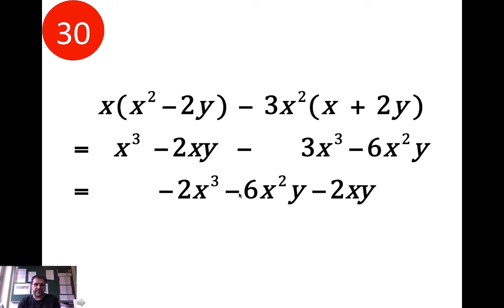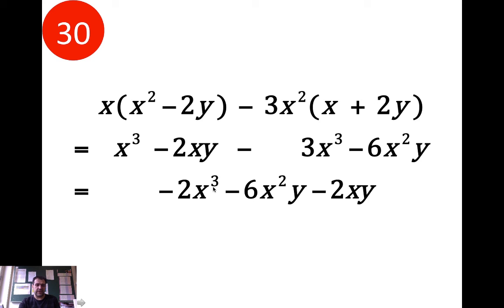And then I've put the next term as minus 6x squared y, which is that one there, and then the last term as minus 2xy, which was directly from there. So I've tried to stick to a convention there of having the x's in decreasing power order.